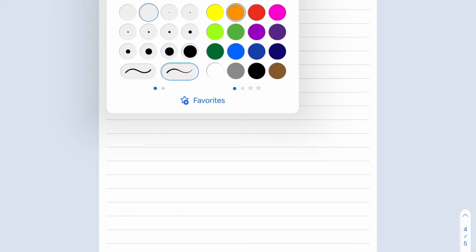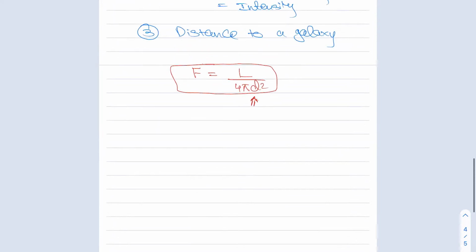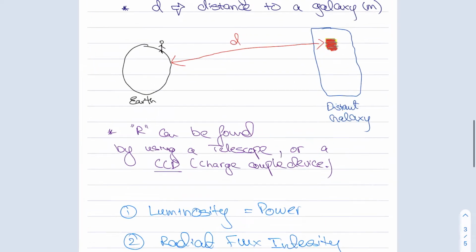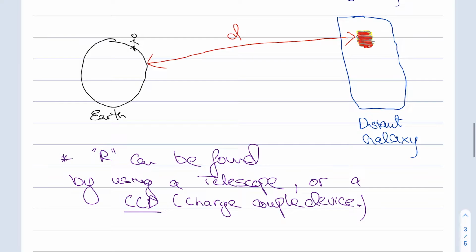Okay, so we said that in order to find the distance to a distant galaxy, that galaxy has to have a specific star. This star right here is a very specific star. This star is called a standard candle, right? And what would be a good definition for a standard candle?